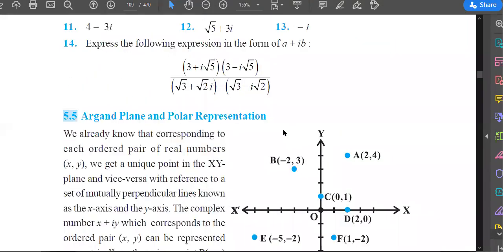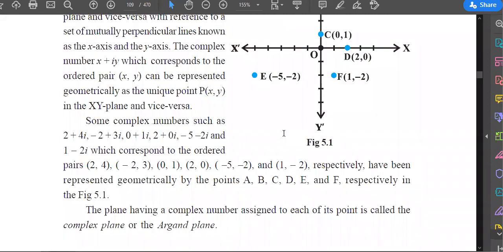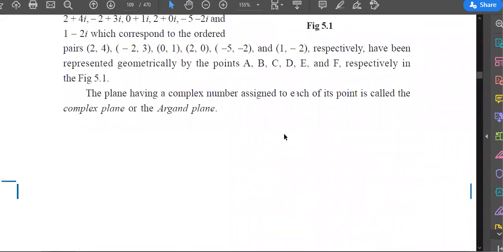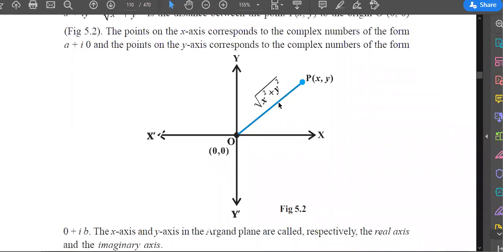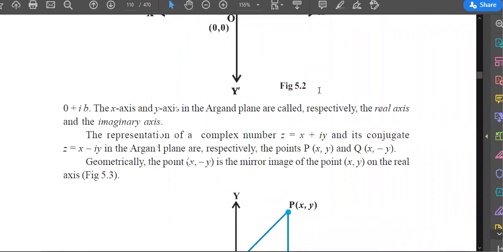Now, argand and polar representation. We have studied that. This is your magnitude of the complex number, which is root of x square plus y square, where x and y are your real part and imaginary part.